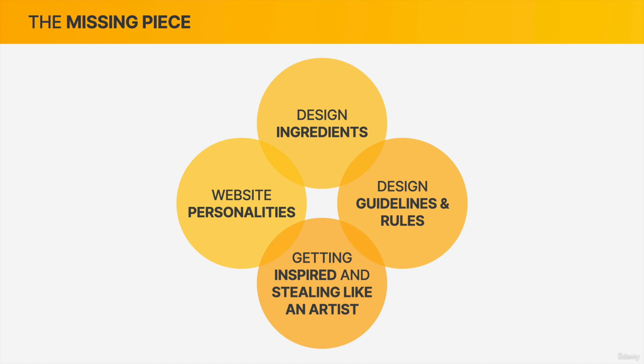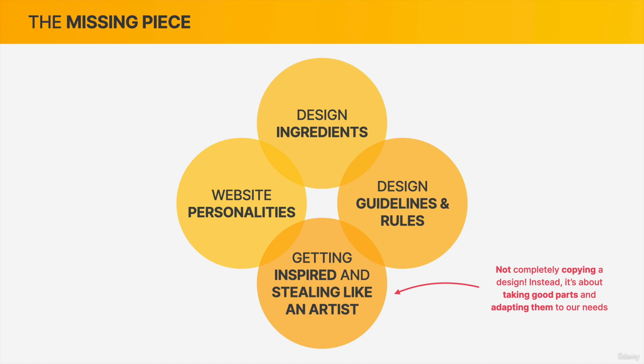Now, what do I mean by stealing like an artist? Well, basically, stealing like an artist means that we do not completely copy a certain design. What we do instead is take the good parts of one or usually many good designs that we like and then simply adapt them to our needs while using again all of the different rules and guidelines that we already learned before and that we will actually keep learning a little bit in the next section.